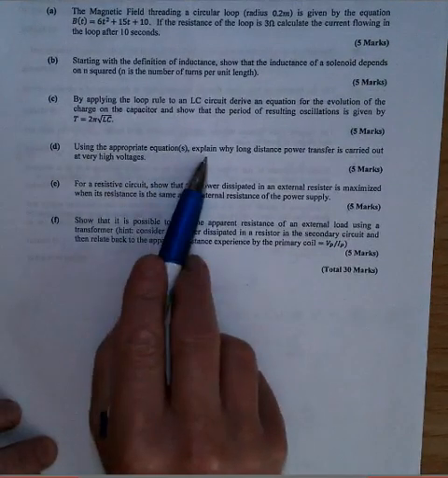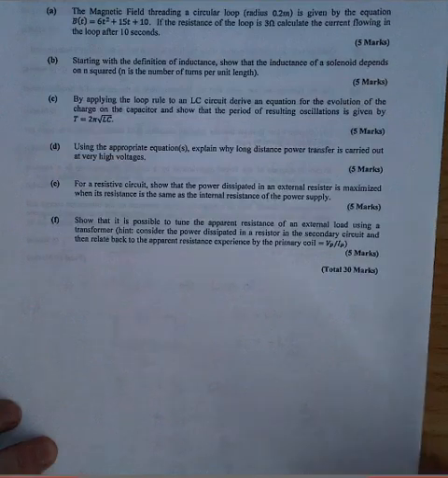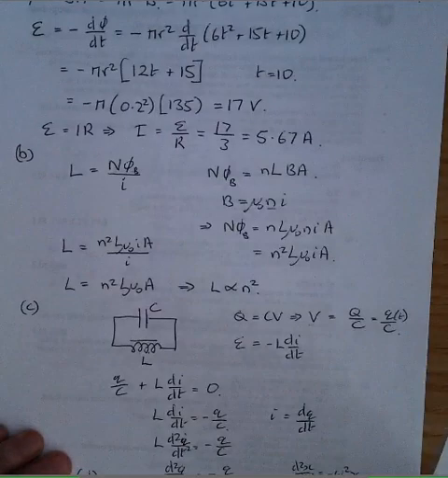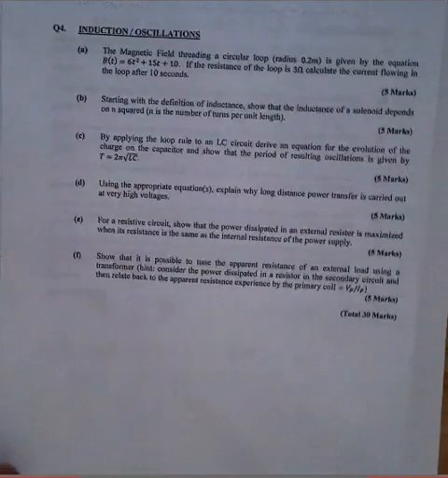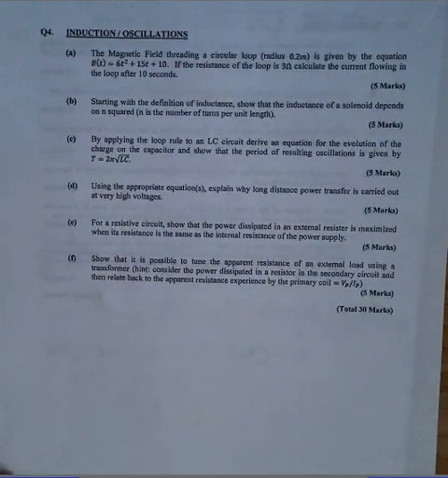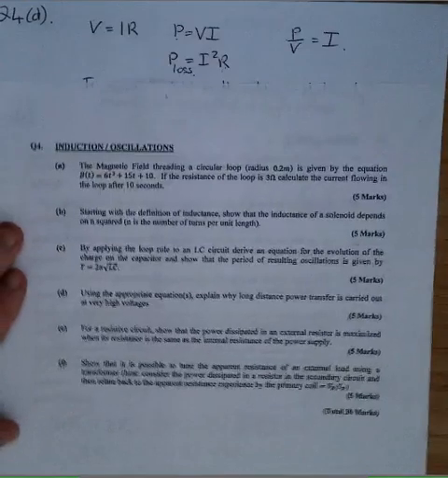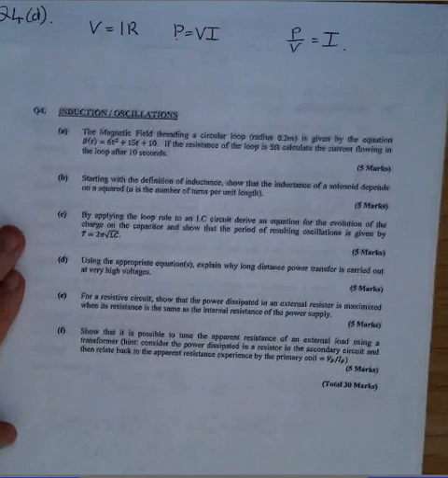Part D. Using the appropriate equations, explain why long-distance power transfer is carried out at very high voltages. This can be tricky, or can catch students out. So again, I'm just going to give you a very simple explanation here, a simple work through of my explanation of this.